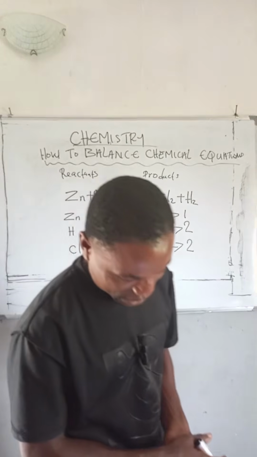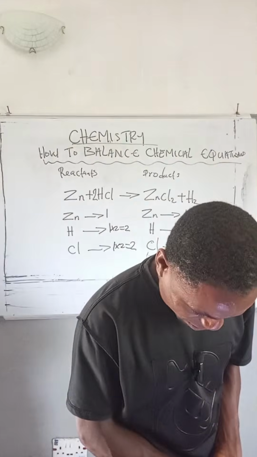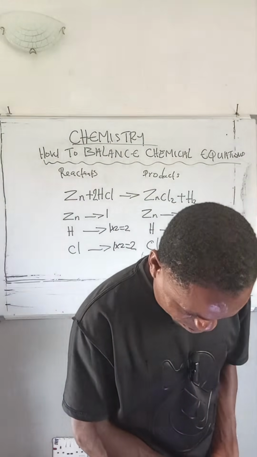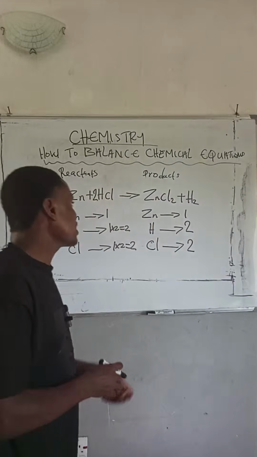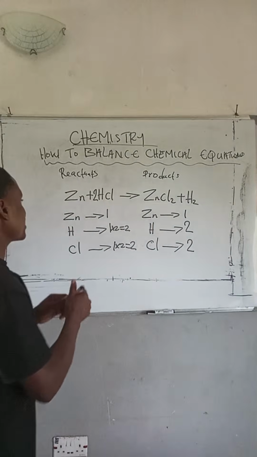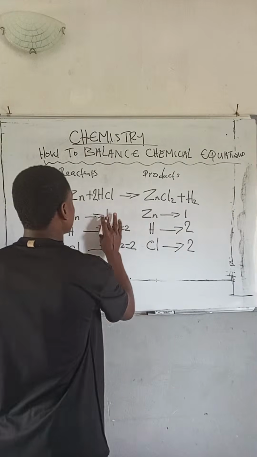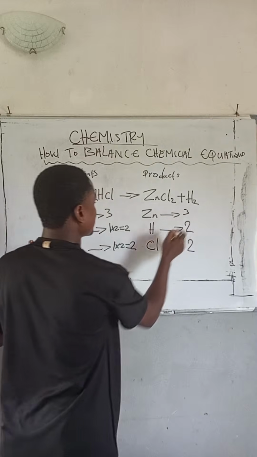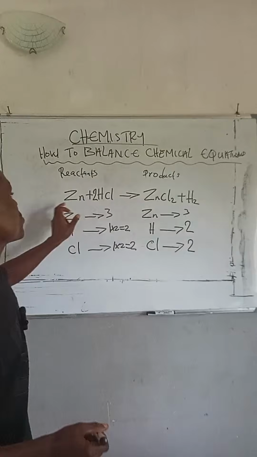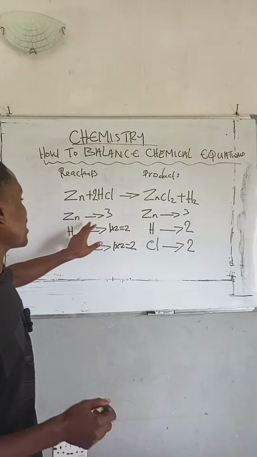Are you getting it? The zinc is already balanced here, so the equation is balanced. Sometimes in some equations, let's say zinc here is 3 and zinc here is 3, it's balanced. You cross-check every element and all the atoms.